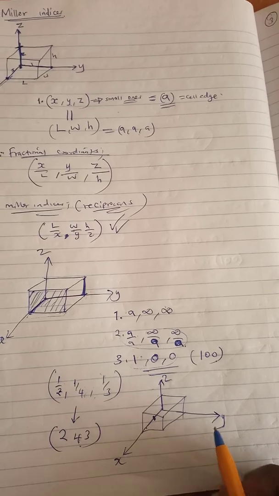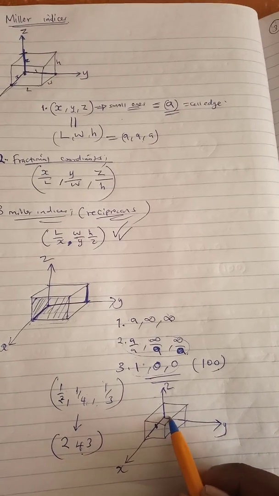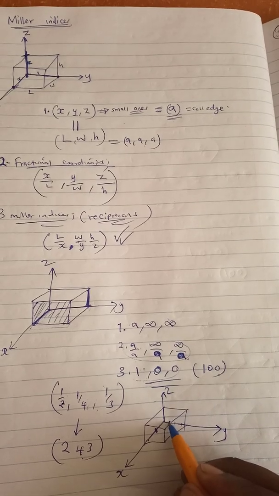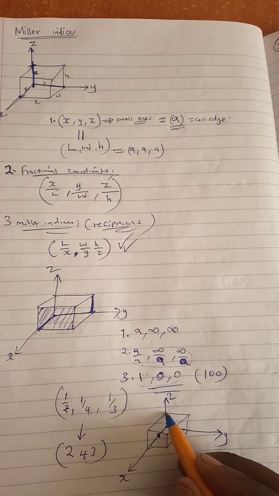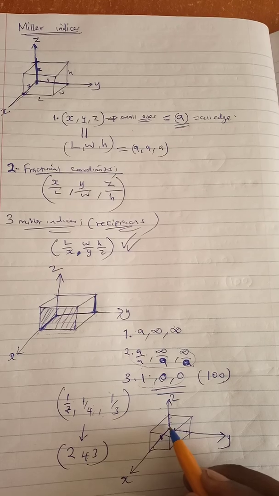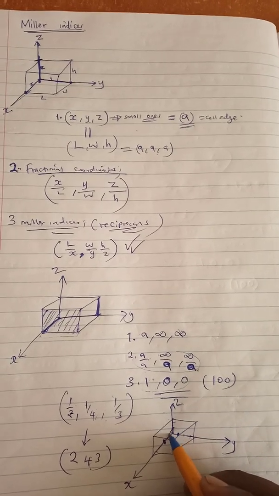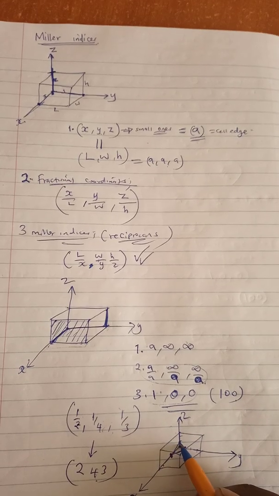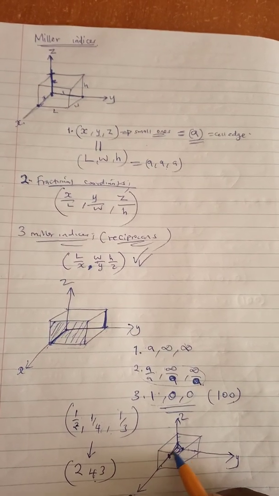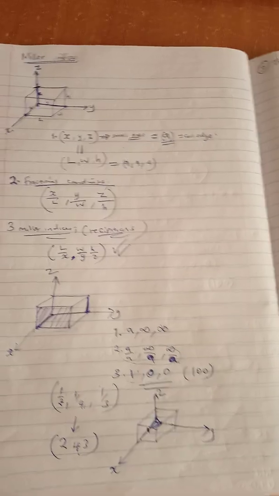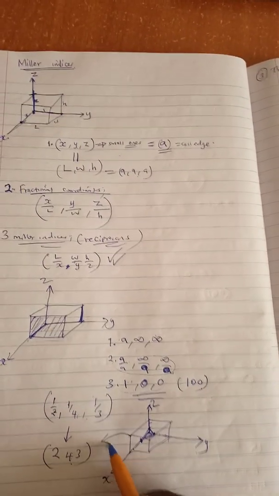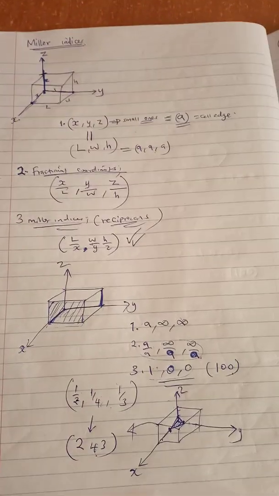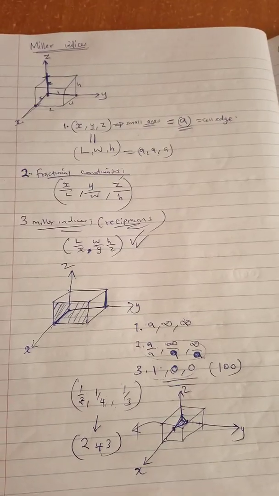Then a quarter on y, we divide this distance into 4 quarters, and a quarter will be there. Then a third, we divide this into 3, and a third will be there. Then you join this, join that, and join this. So that is the Miller indices plane which you have drawn. Okay, thank you. Let's meet next week for the continuation.